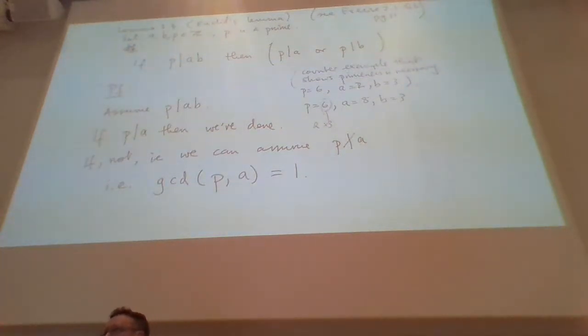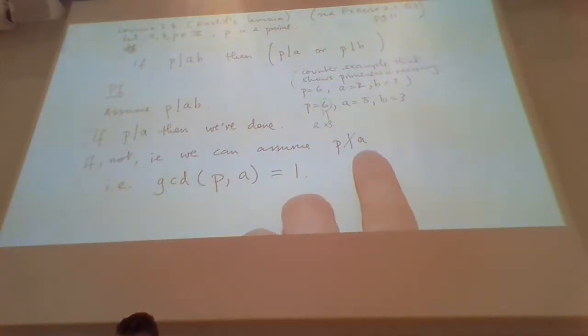Okay. If P does not divide A, remember P is special, P is a prime number, it only has 2 positive divisors, itself and 1. So the only possible divisors that P can share with another number are itself and 1. Because it doesn't have any other divisors to share and be in common with another number.